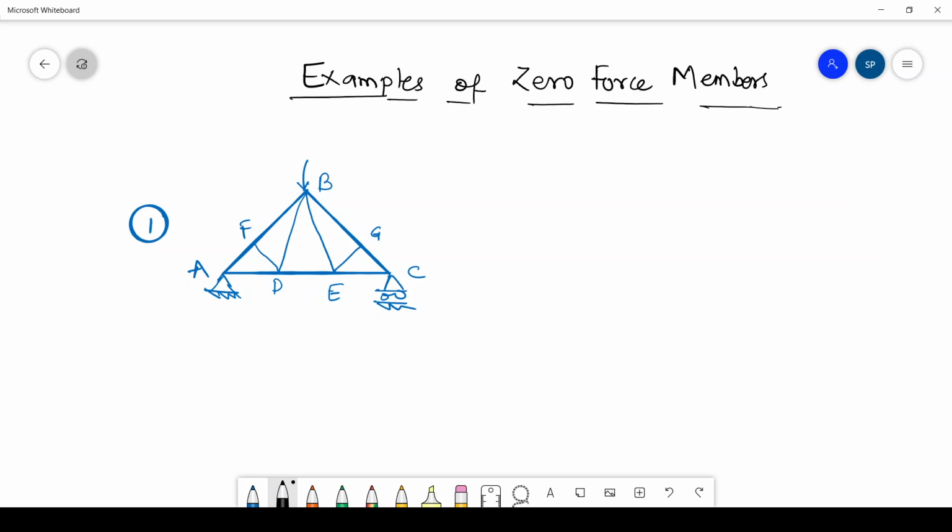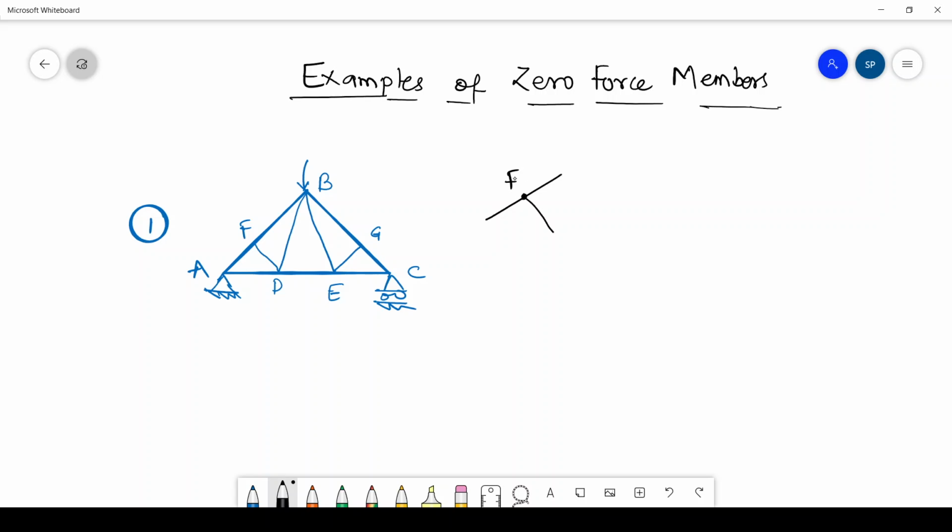In this roof truss, the first example, if you first observe this, now this joint F, if you see joint F, so I will just draw this by visual observation. If you follow the guidelines in previous lecture, at this joint F there is no external load acting.